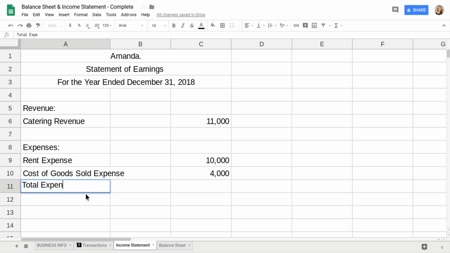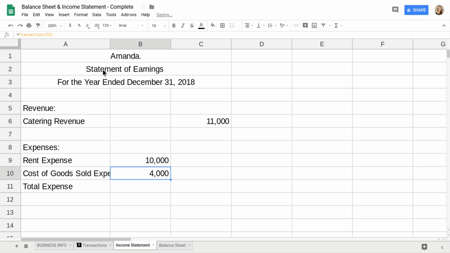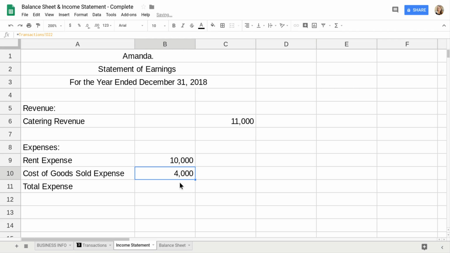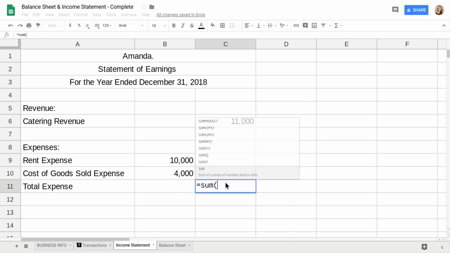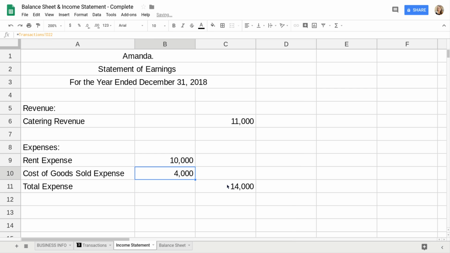So total expenses, easiest way to do that, I'm going to move these over here actually. You'll notice I'm cutting off some of my letters here, so I'm going to do this. Total expenses equals sum bracket these numbers, boom. And then let's put a nice underline over here so the accountants know to add. Total expenses are 14.